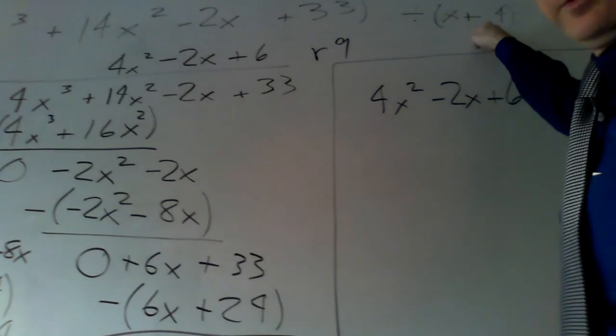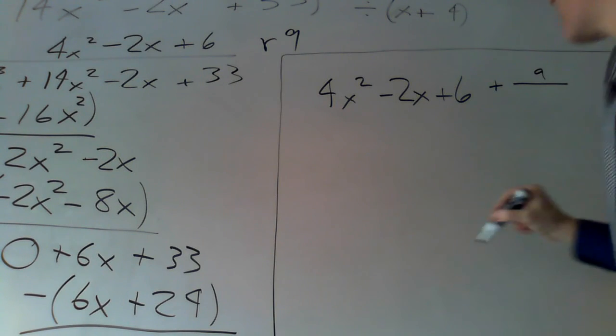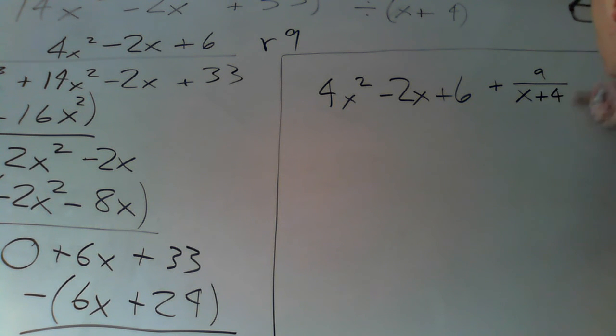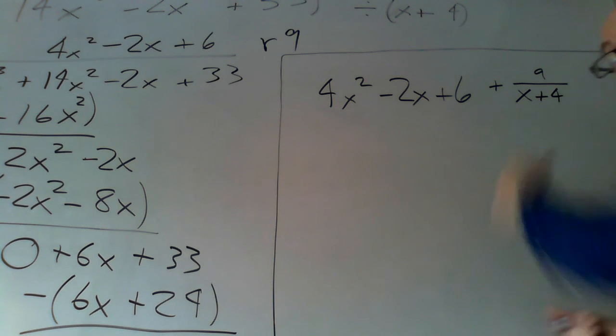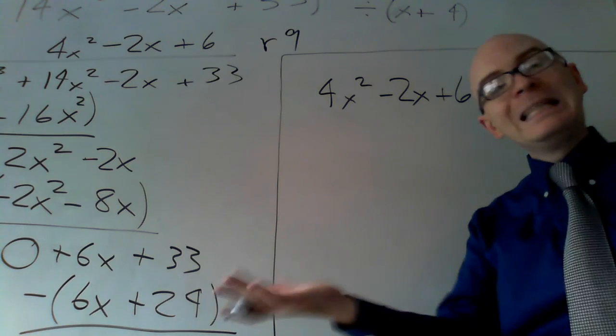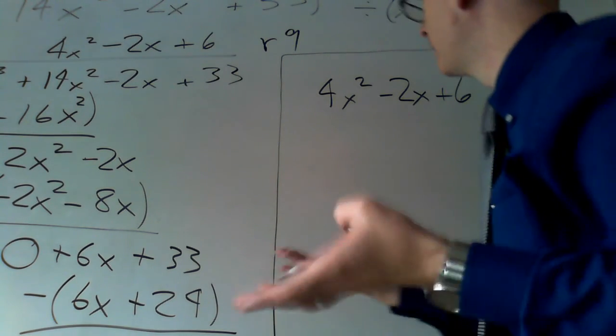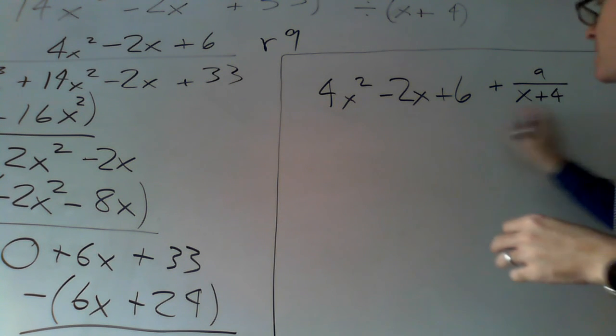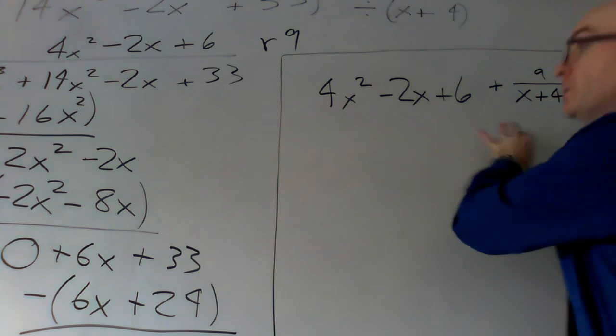So I can put the 9 over x plus 4 because I'm still dividing it by this. It can't fit cleanly into there. There's no x. It's just there. And we cannot simplify that any further. And this is your solution.